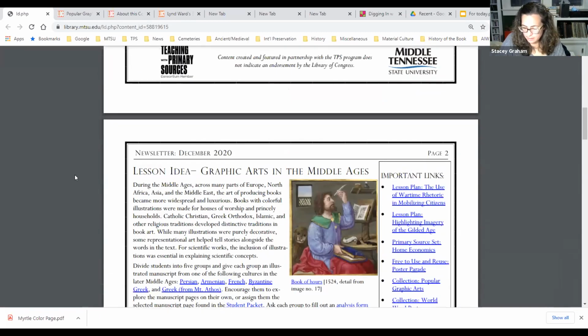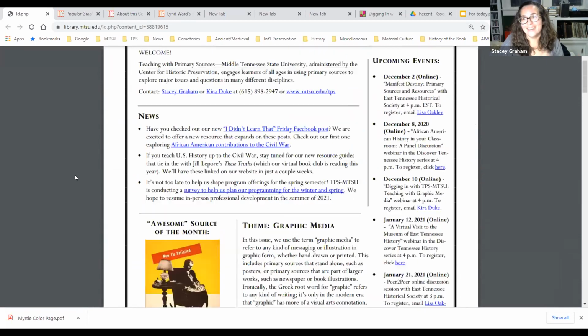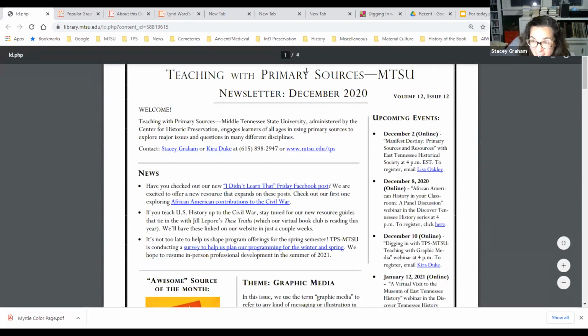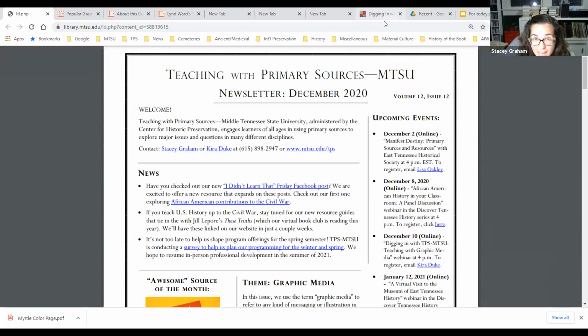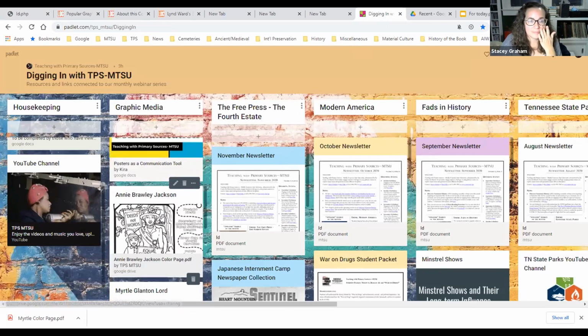All right, I am going to show you one last resource that is actually not linked from our newsletter, because it is something that has just come out, and that is on the Padlet for today. We have 3 different coloring pages.